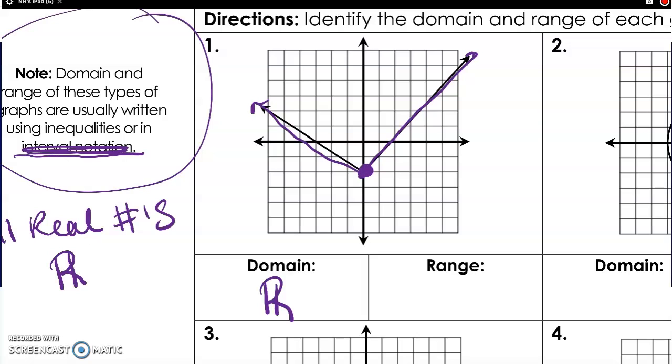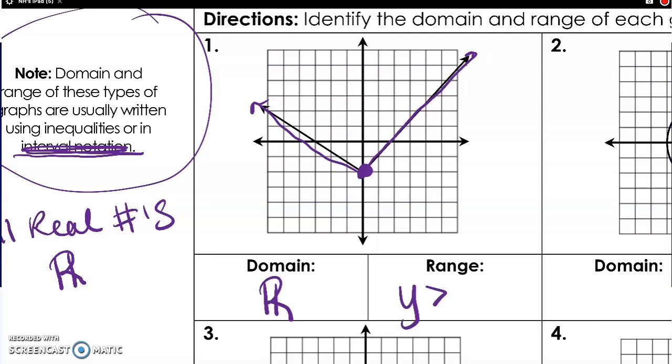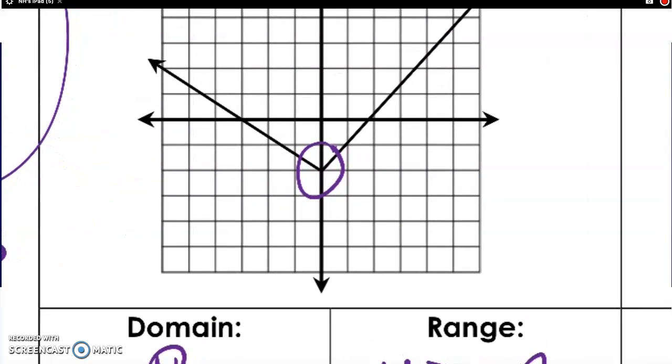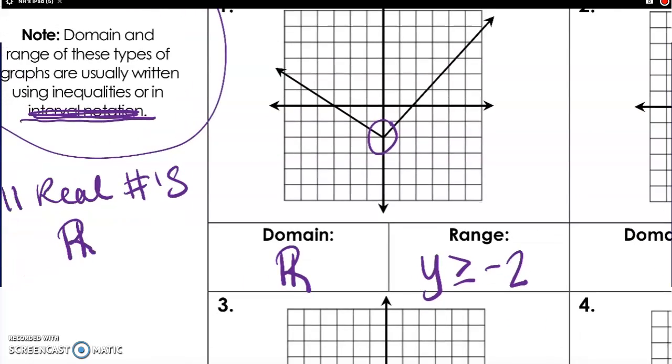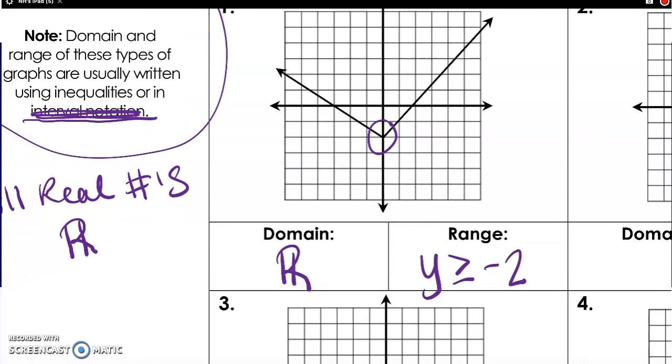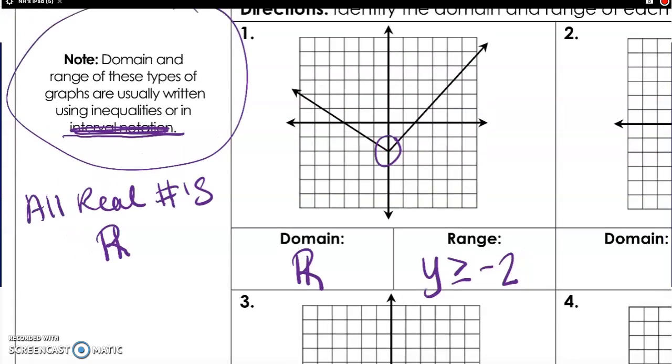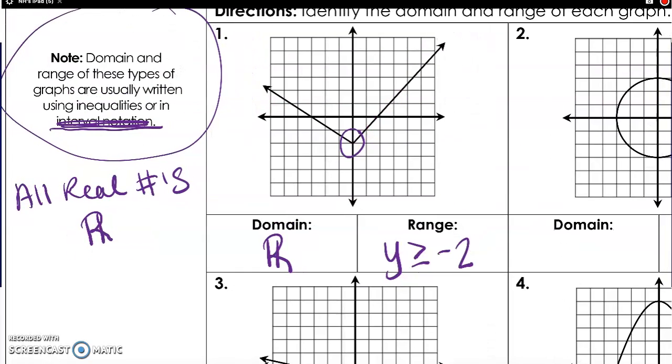So the way we would write it is Y has to be greater than or equal to, since it's touching, -2. You can see right there that it is touching the -2 spot. So that's why it's greater than or equal to. I did not go below -2. So our range is Y is greater than or equal to -2.